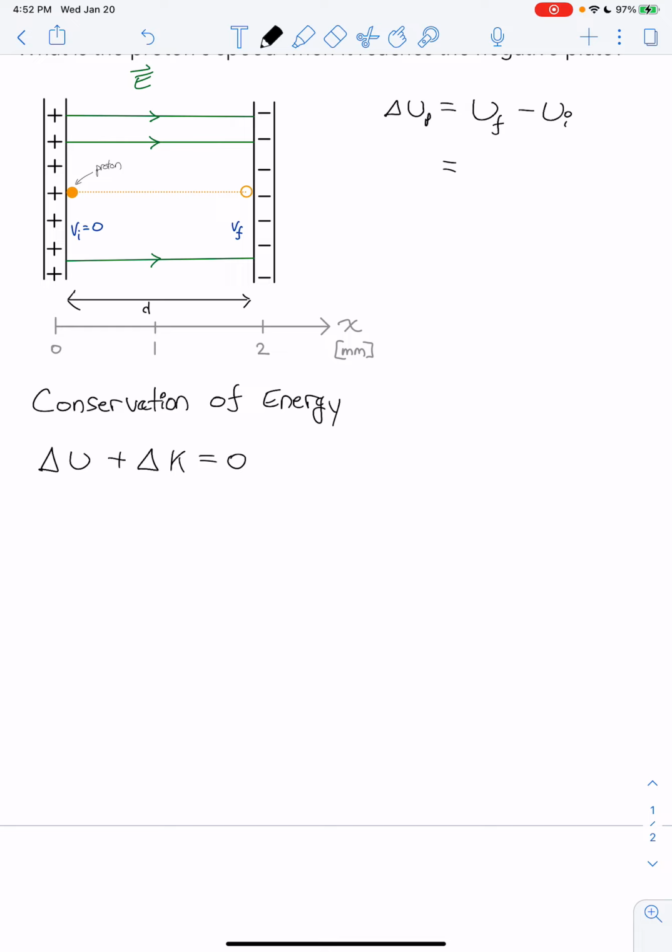The final is 0 because it's resting up against the negative plate. And then the initial potential energy is QED, where D is the distance between those two plates. Okay, so the change in the potential energy of the proton is negative QED.